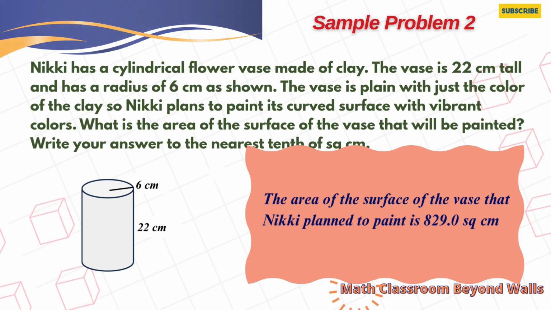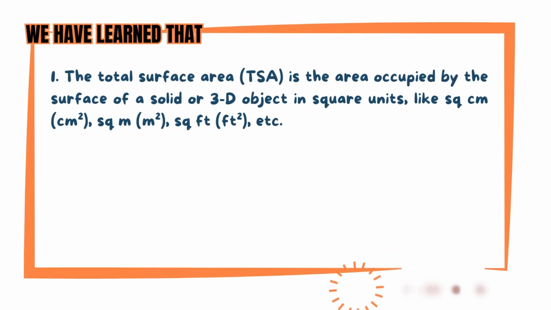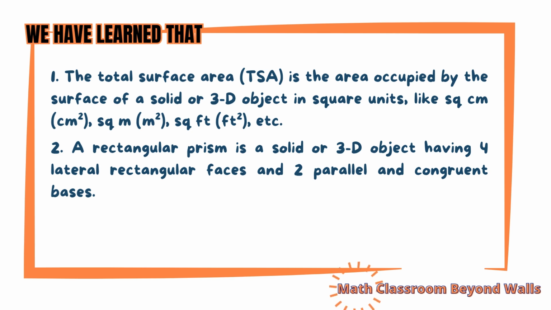There you are, learners. I hope that you acquired lots of learnings in today's video. Let us summarize what we have learned today. We have learned that, first, the total surface area, TSA, is the area occupied by the surface of a solid or 3D object in square units like square centimeters, square meters, square feet, etc. Second, a rectangular prism is a solid or 3D object having 4 lateral rectangular faces and 2 parallel and congruent bases.